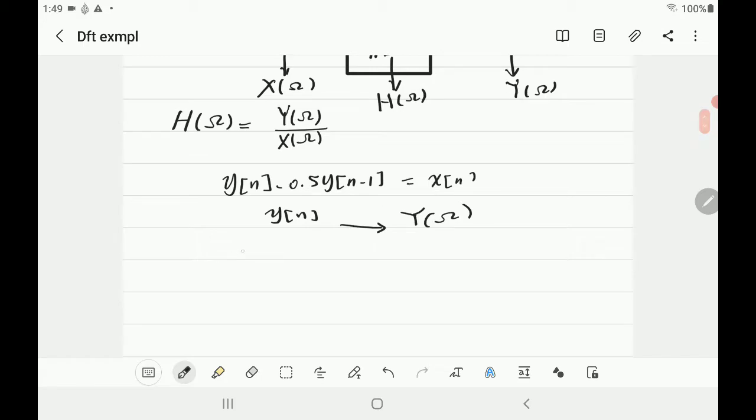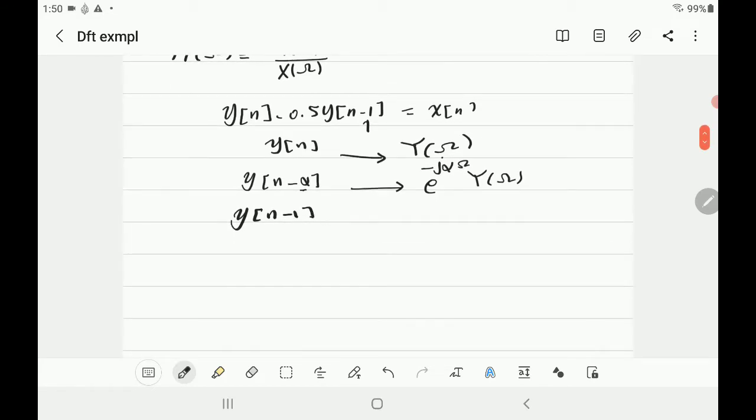There is a time shift property that says that y of n minus alpha has a Fourier transform equal to Y of omega multiplied by e to the power of minus j alpha omega. In this case, we have alpha equal to 1. So y of n minus 1 will be transformed to e to the minus j omega Y of omega.